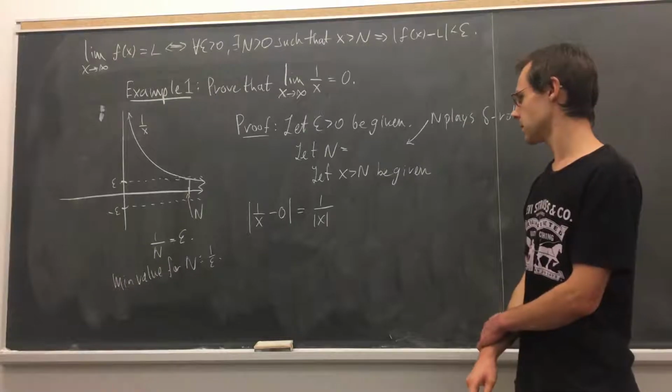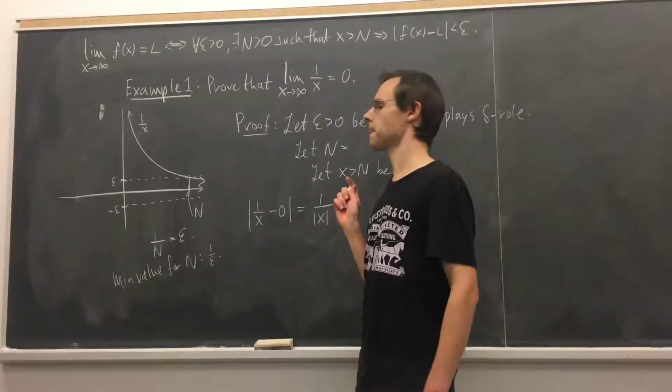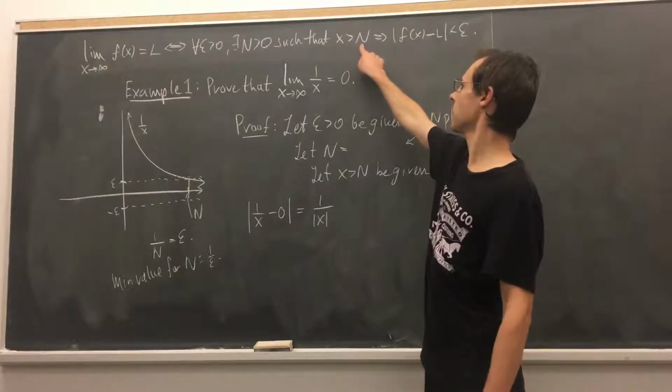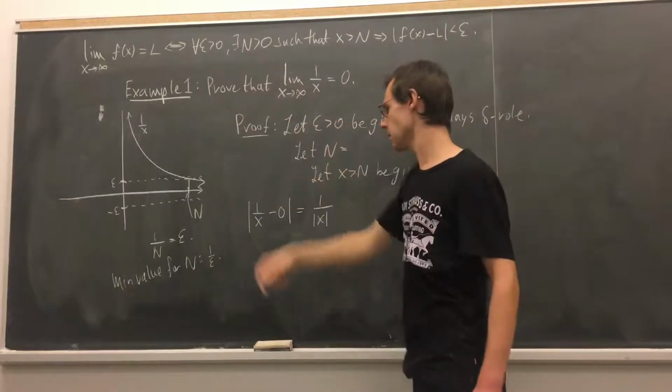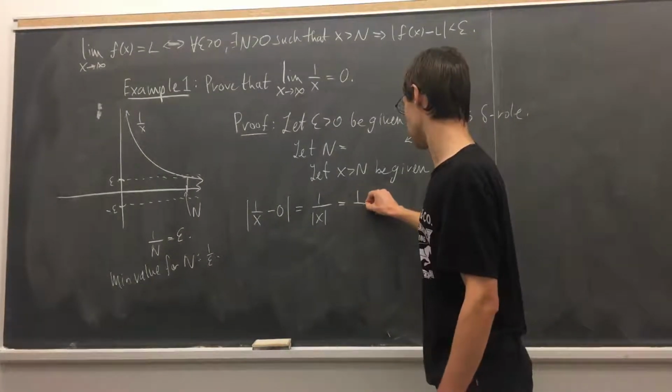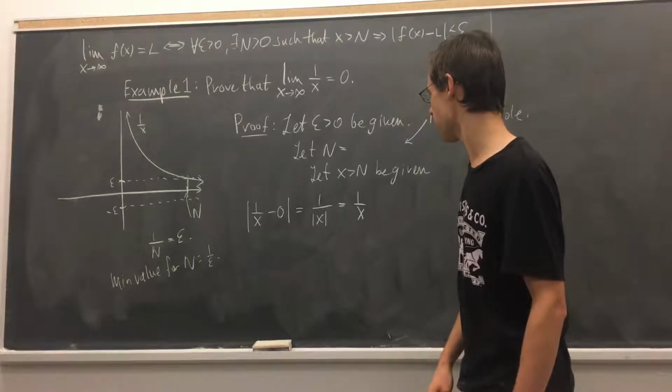Now, if you notice, x is always positive. Why is x always positive? Well, x is larger than N, and N is positive. Okay? So because of that, we can now drop the absolute value. So this is just equal to 1 over x. Okay?